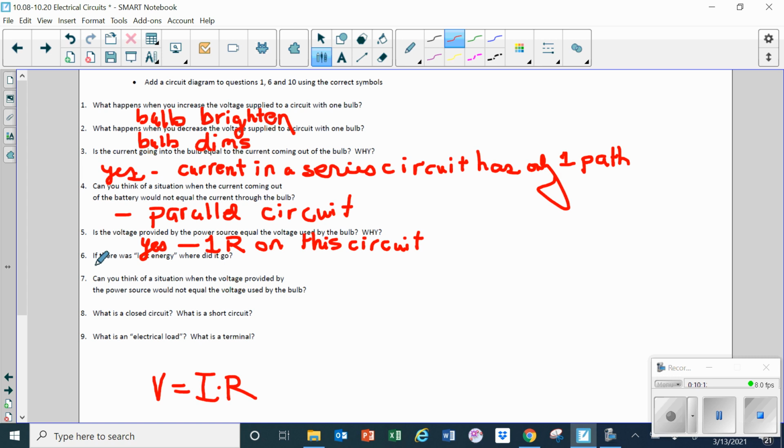Now, if there was lost energy, where did it go? Well, there is lost energy here, and the lost energy is heat and light from the bulb. Basically, it takes energy from the wire and converts it to heat and light at the bulb. It's a resistor.